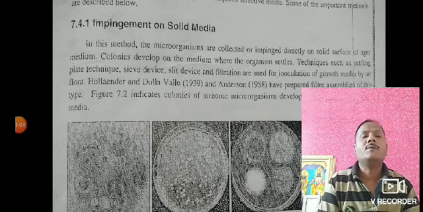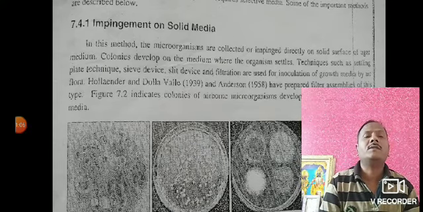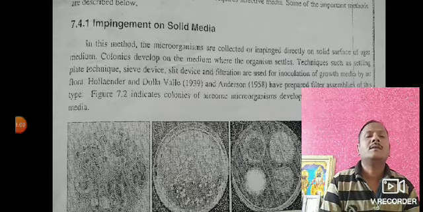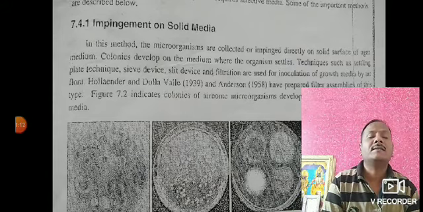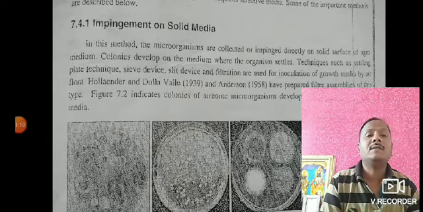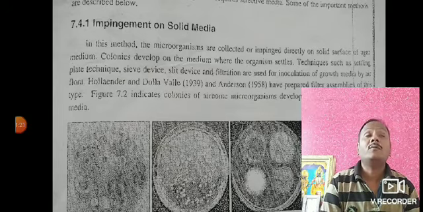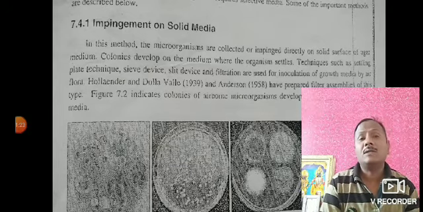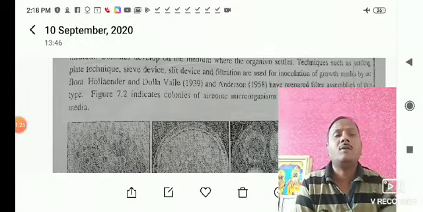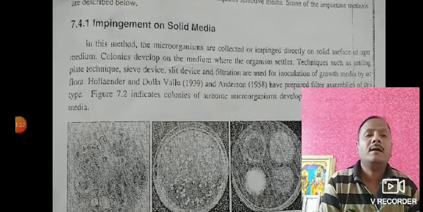There are four methods generally used under it: the settling plate technique, the sieve device, the slit device, and filtration.